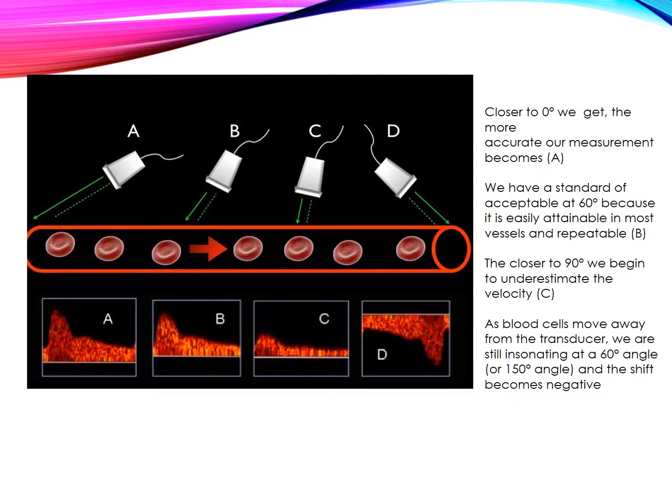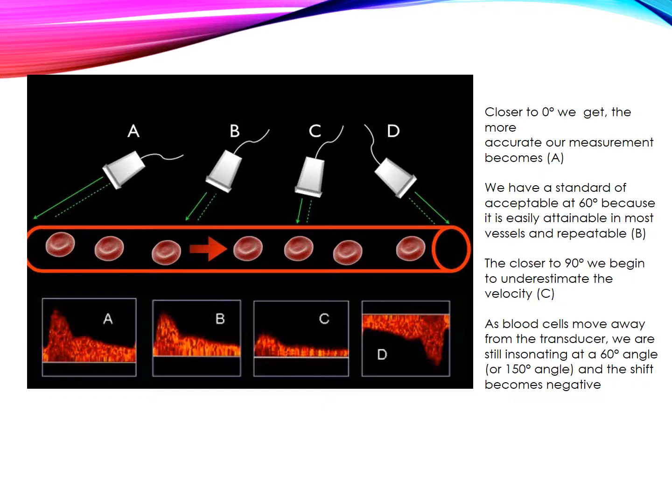The further we get away from 0, though, the less accurate our measurements are going to be. But again, 60 degrees is very standard now. It's something that we deal with. It's something that all of our lab values are based on when we're figuring out velocities and how they equate to disease. So this slide kind of shows us a little bit more about how that works.